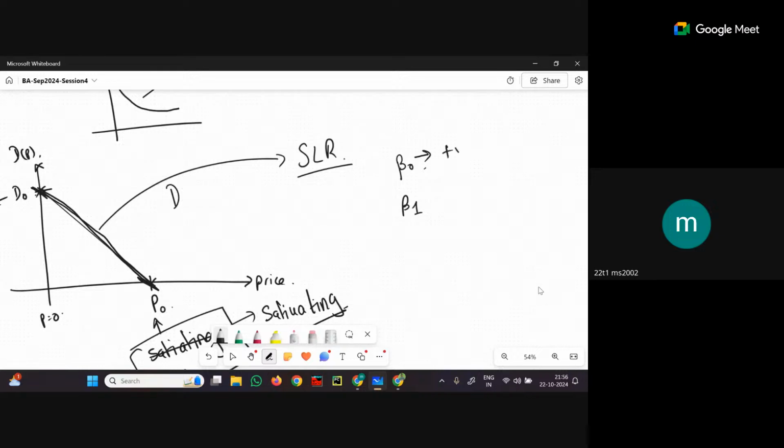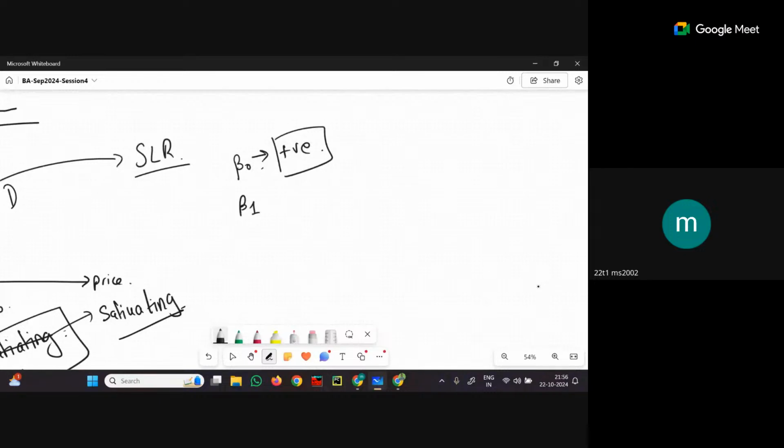If this is positive, what does it mean? What is the equation going to look like? Y is basically D, so D of T is going to be B naught plus B1 into T. Your B1 is your slope.